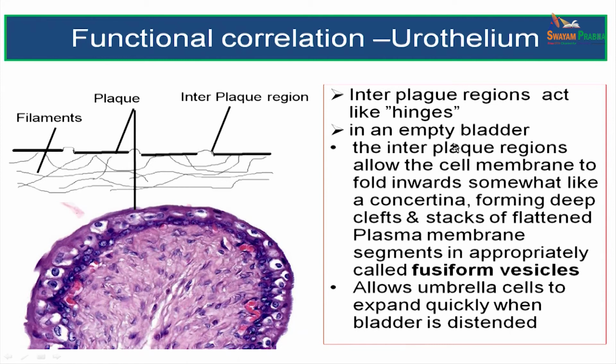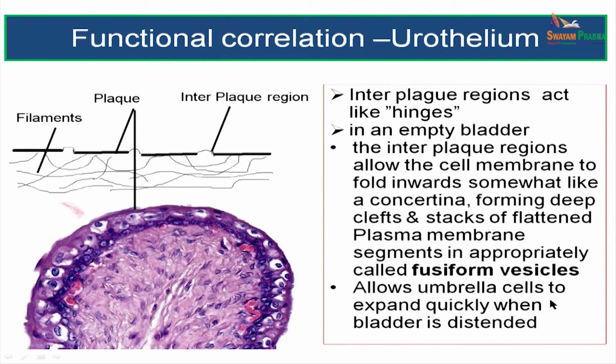In an empty bladder, the interplaque region allows the cell membrane to fold inwards like a concertina. That is, the membrane forms stacks of flattened plasma membrane. The interplaque region acts as a hinge, and these stacks of plasma membrane in an empty bladder are sometimes inappropriately called fusiform vesicles.